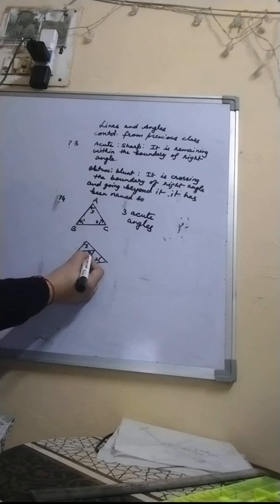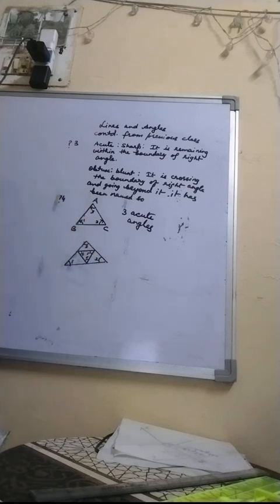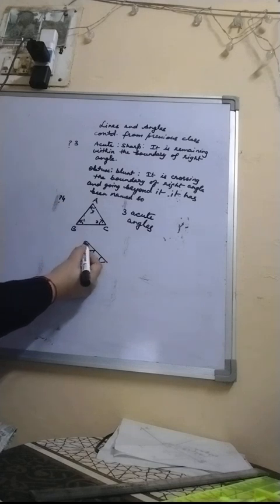So there are 3 angles here, 1, 2, 3. So the total becomes 4, 5, 6 angles. Then you have to see the other acute angles. So one is starting from here and going here.